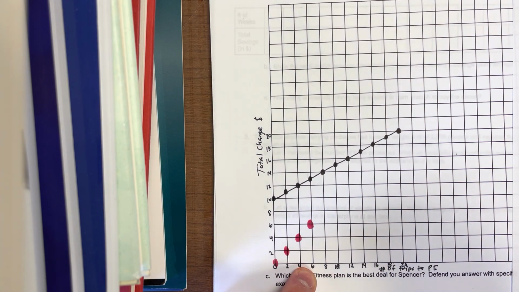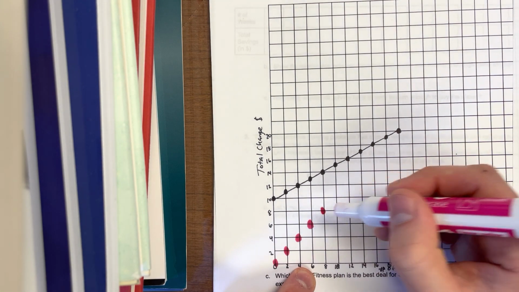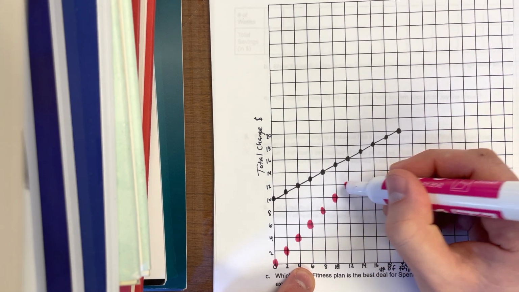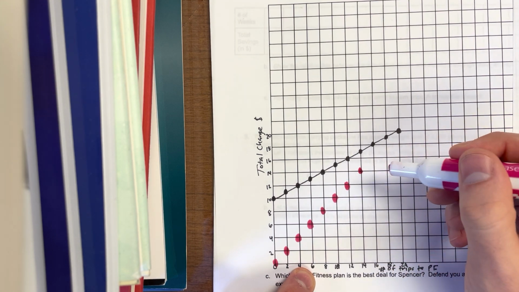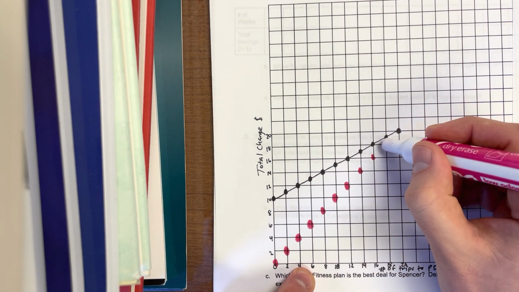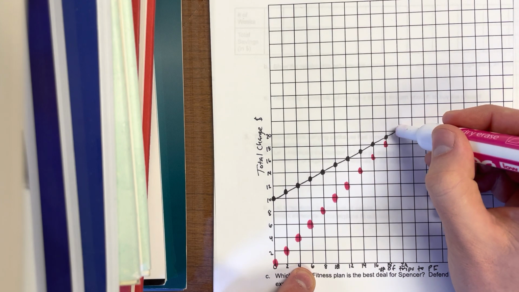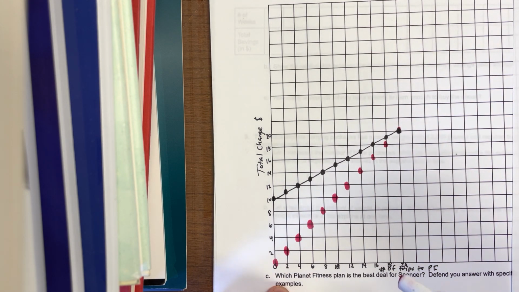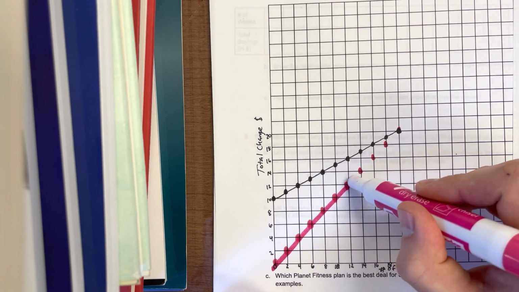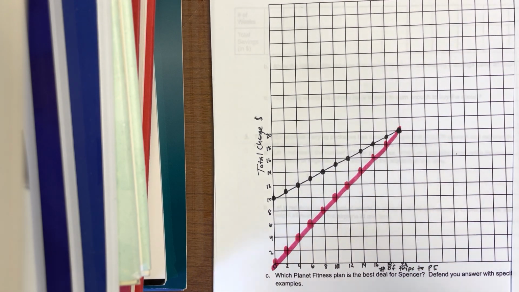And go ahead and continue all the way. 8, 8. 10, 10. 12, 12. 14, 14. 16, 16. 18, 18. And 20, 20. I'm going to indicate this with a pink line. Now you might be noticing that these two lines intersect at 20, 20.